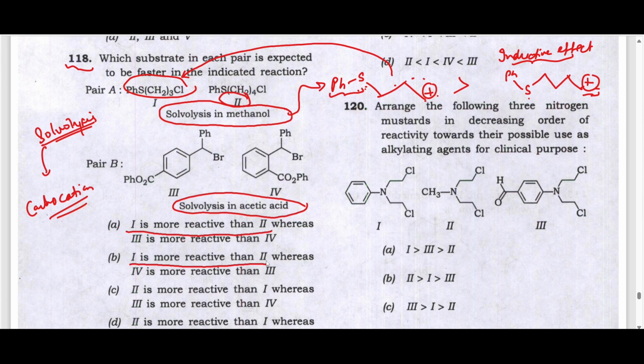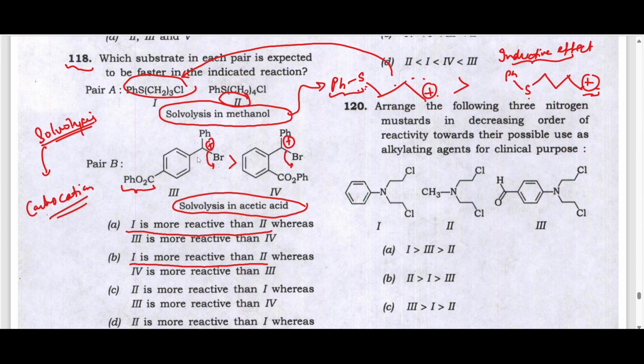Now, similarly, in the case of solvolysis in acetic acid, the same concept will be applied. In this case, after removal of this bromide anion, there will be a carbocation. And if we consider the stability of these carbocations, this carbocation is more stable because this phenyl acetate will stabilize this carbocation, because it is present at the para position and it can involve itself in the delocalization.